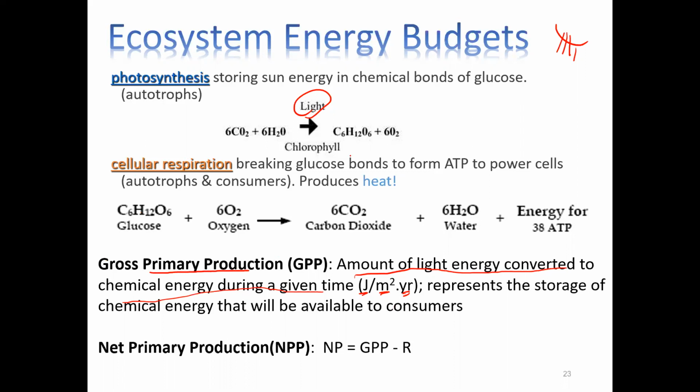When we subtract respiration, and remember, a lot of people forget this, plants also respire. They'll burn up some of that gross primary productivity. So when we subtract that, that's the actual available energy in the plant, the net primary production.